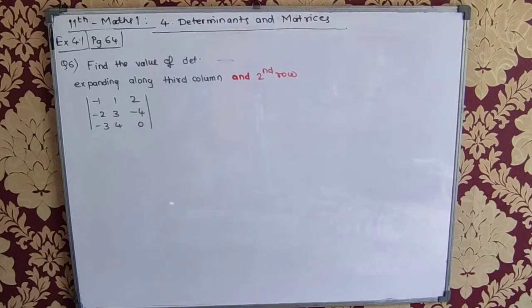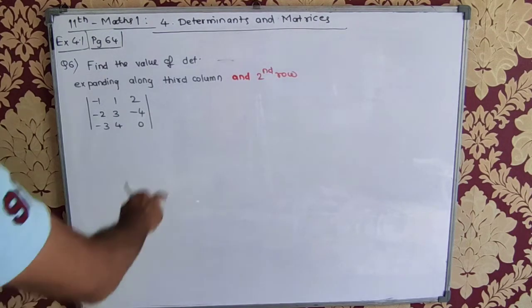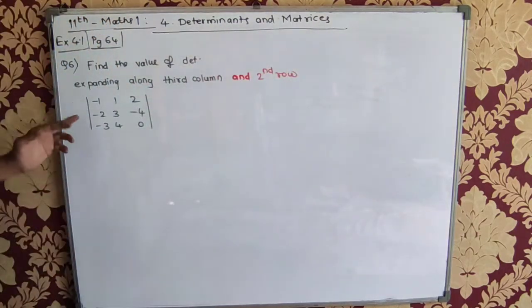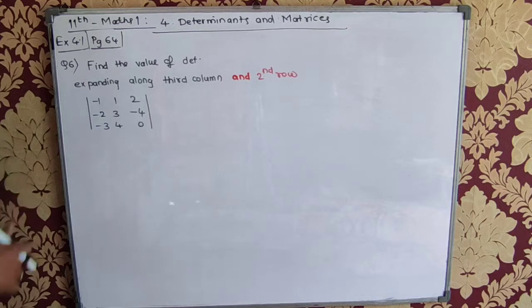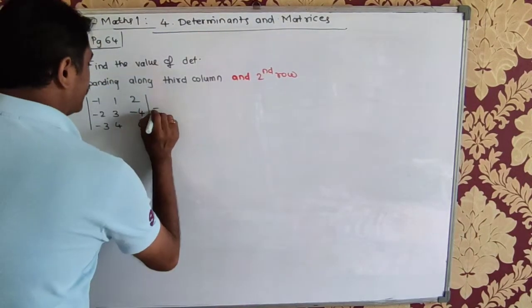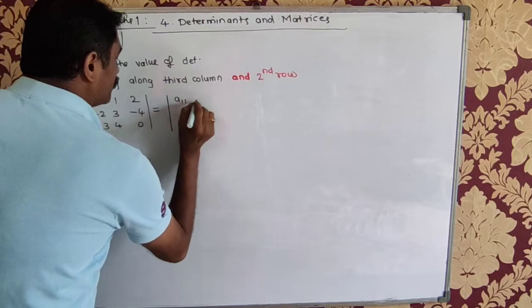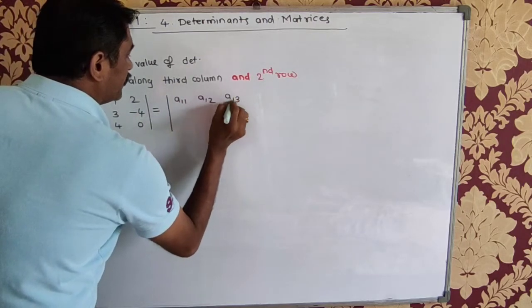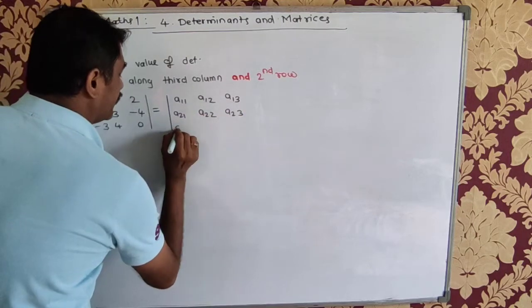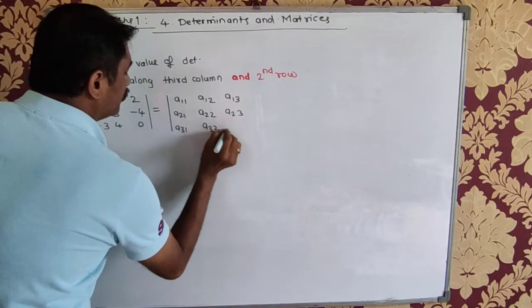Question number 6. Find the value of determinant expanding along the third column. और मैंने ये ऐड किया है इसमें and second row. This determinant. Now here let me tell you a very peculiar property of determinant. First of all, I'll compare this with A11, A12, A13, A21, A22, A23, A31, A32 and A33.